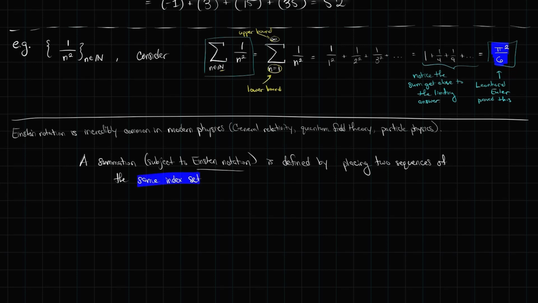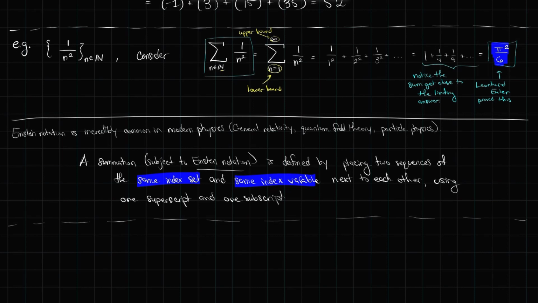So not only does the index set have to be the same, but also the same index variable. You have to use the same set and the same variable, and you place them next to each other using one superscript and one subscript.